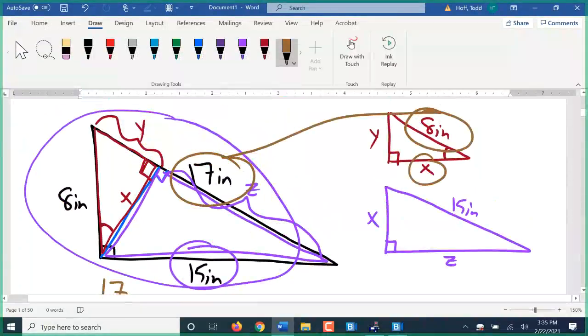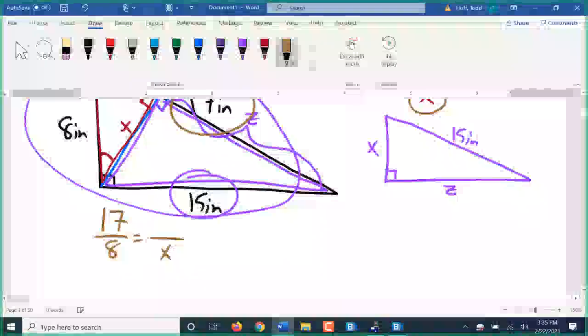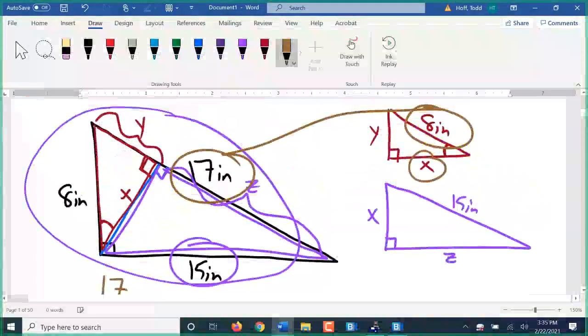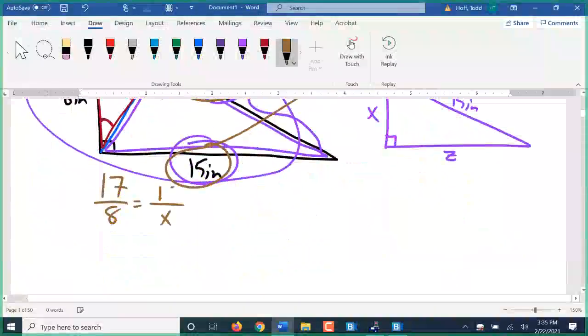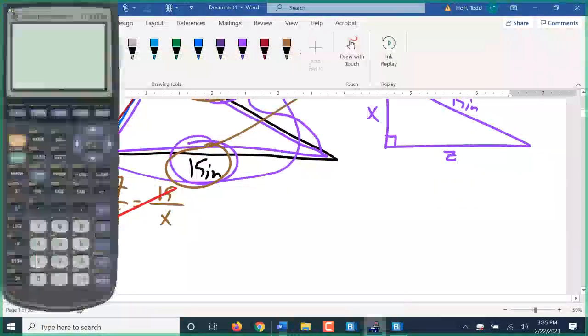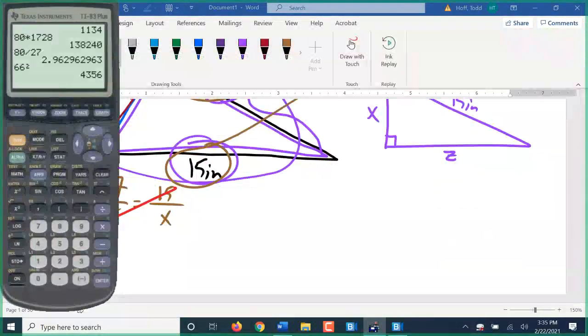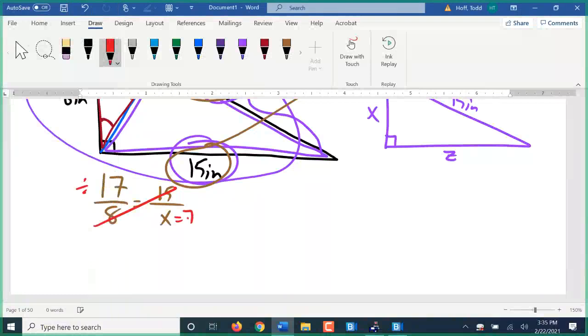X is going to go on bottom with the 8. What side does it correspond with from the other triangle? Oh, X corresponds with the 15. So I'm going to cross multiply and divide. 8 times 15 divided by 7. You're going to get a little ugly. Gives us X is 7.059, 7.059 inches across here.